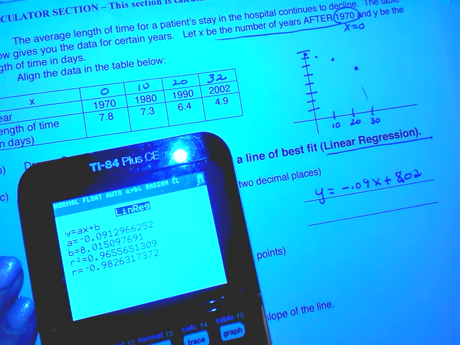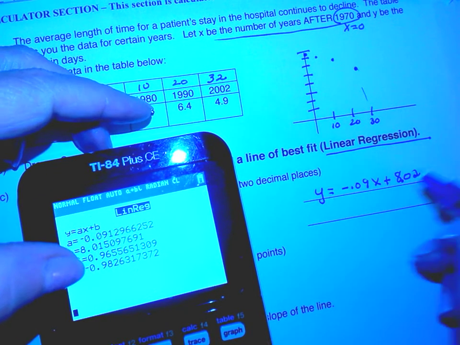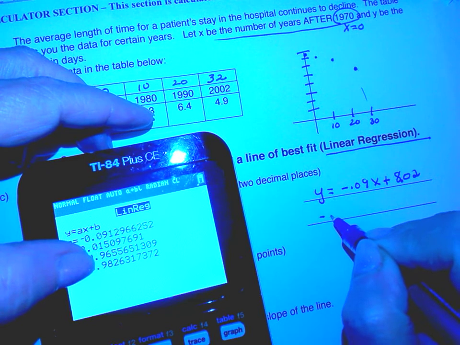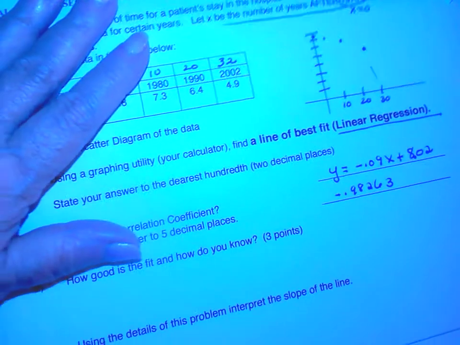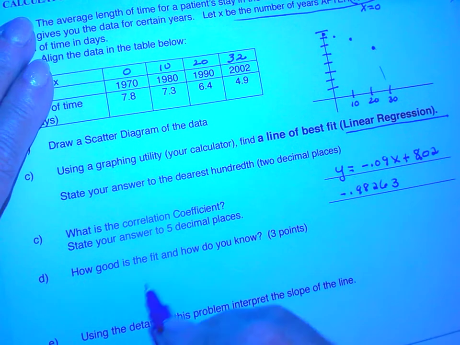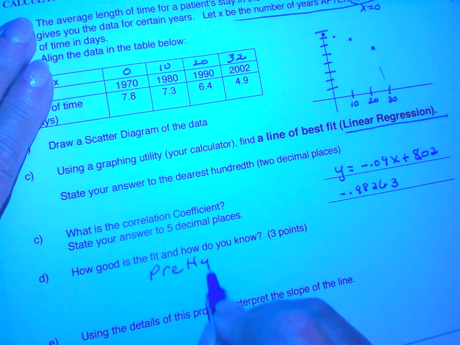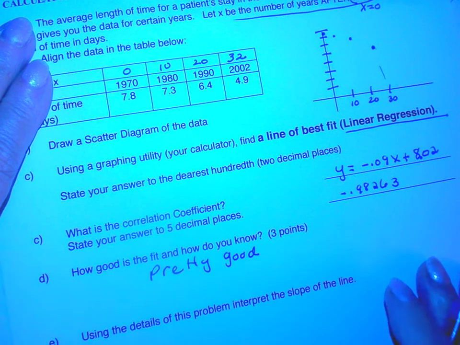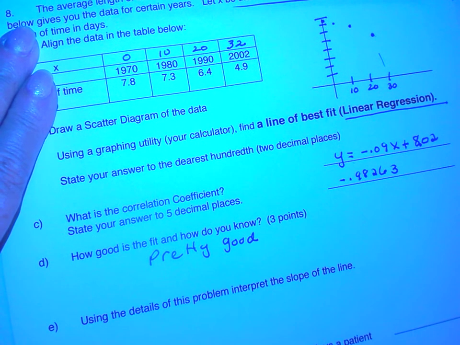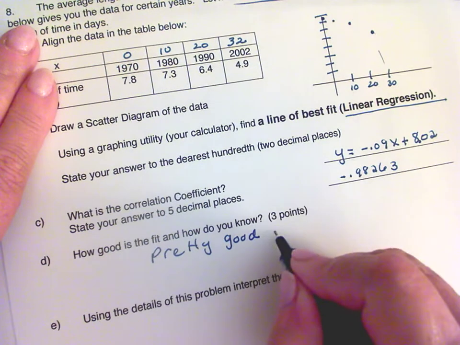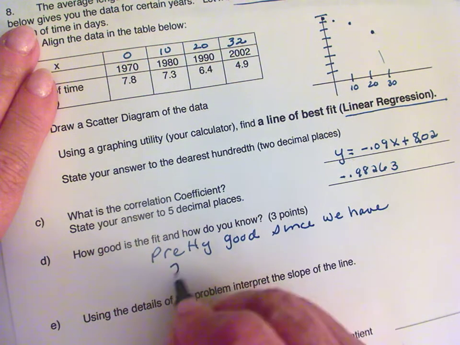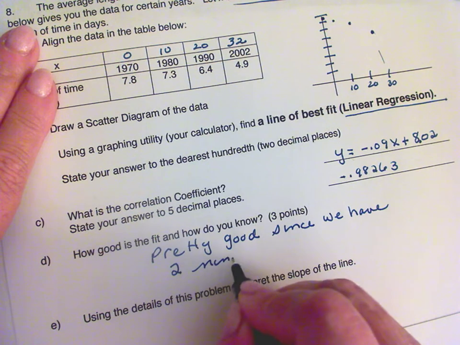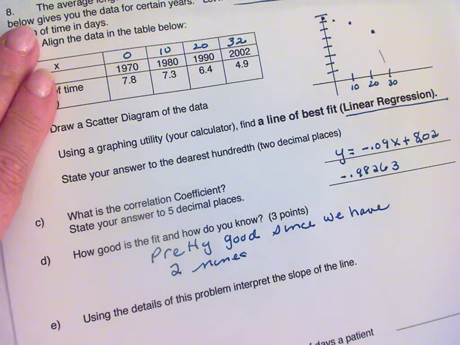My correlation coefficient, notice it's negative, so it's a bit on the low side. The error is a bit on the low side. Negative 0.98263. How good's the fit? So we would say the fit is pretty good. Since we have, not 2 9s, we have 1 9.